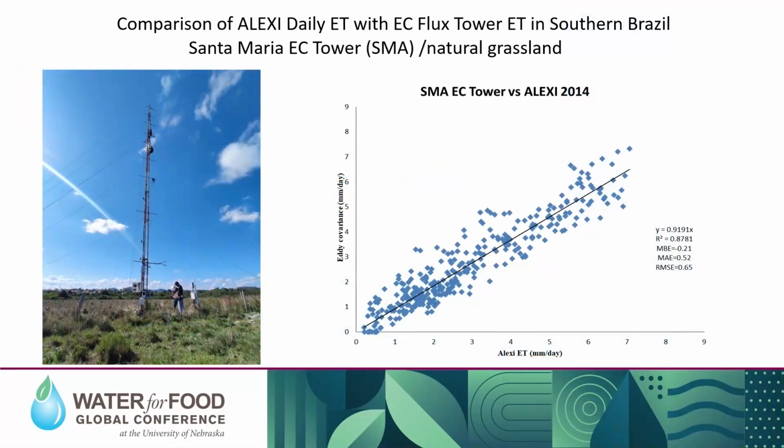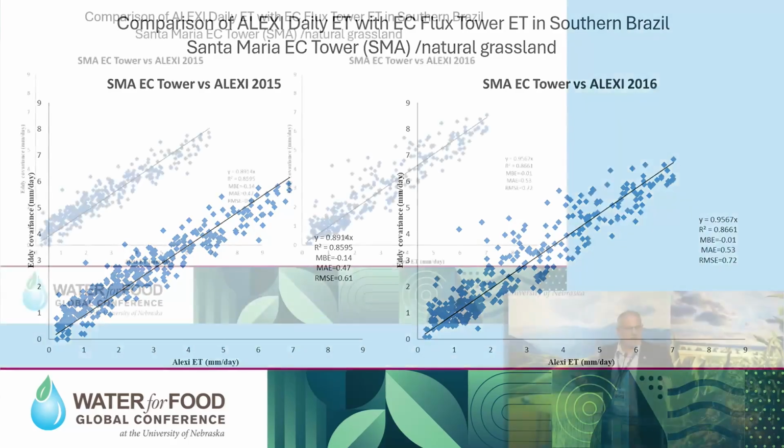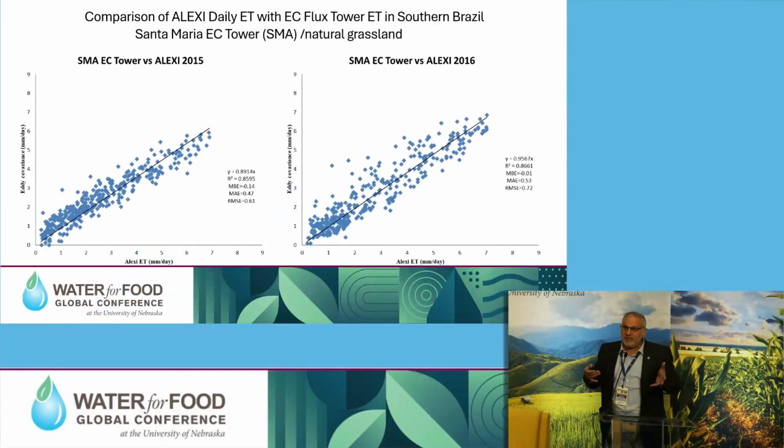We overestimate by about 8% in this graph in 2014 in Santa Maria, and this is natural grass. In 2015 and 2016, at the same station, we had almost 10% overestimation and 4% overestimation. So we have better results in Brazil somehow.